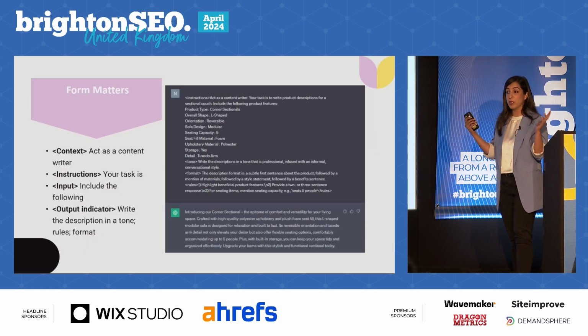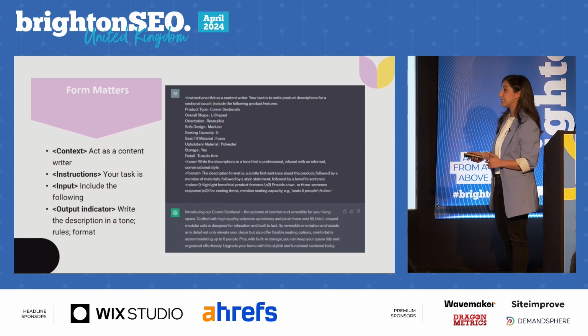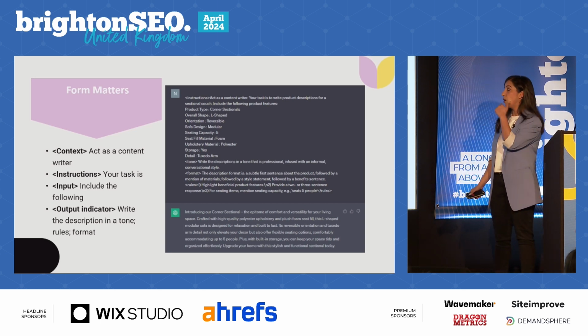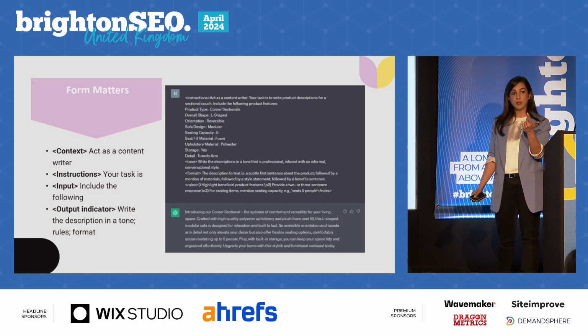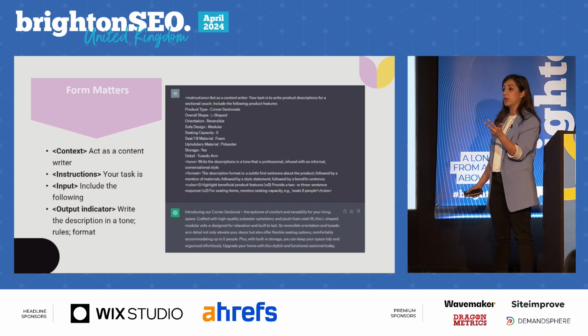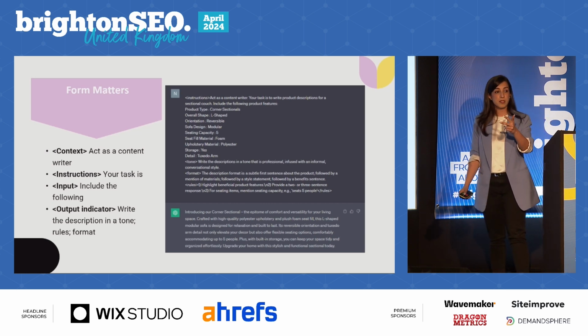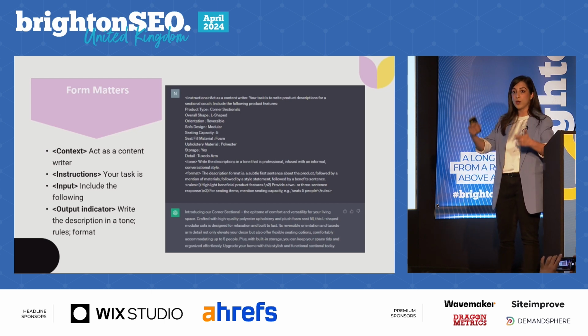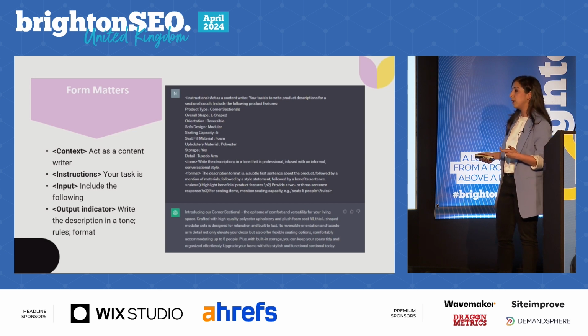Overall, this is how we're creating prompts, and this is the basic structure that you can take away. Context is important. Your instructions are again important. The input comes in, whether you want to give it a file, a set of features, or a set of words that you want to include. If it's a sale and you want to definitely promote that sale word, you can include that in the input.